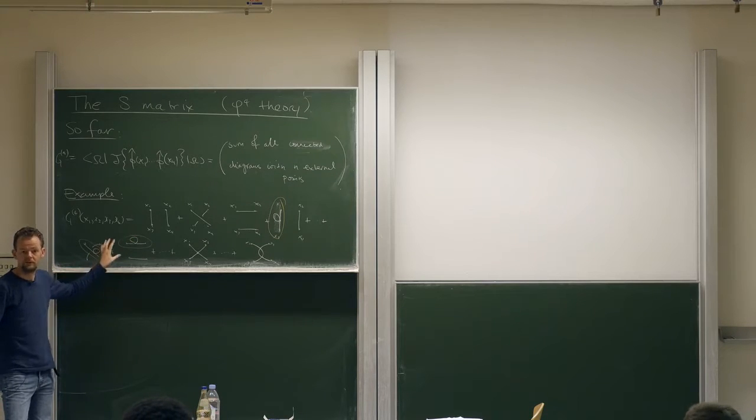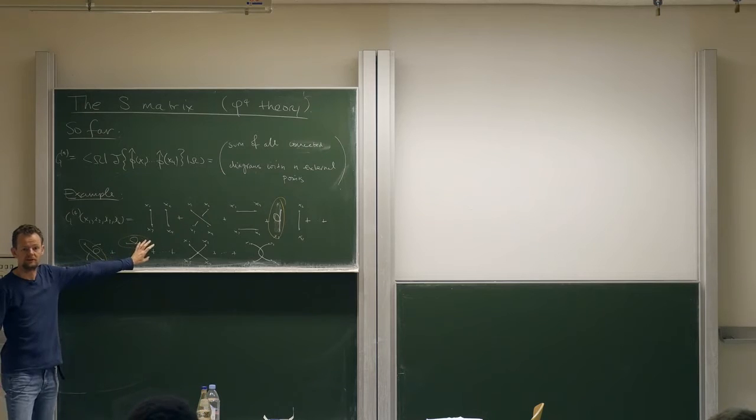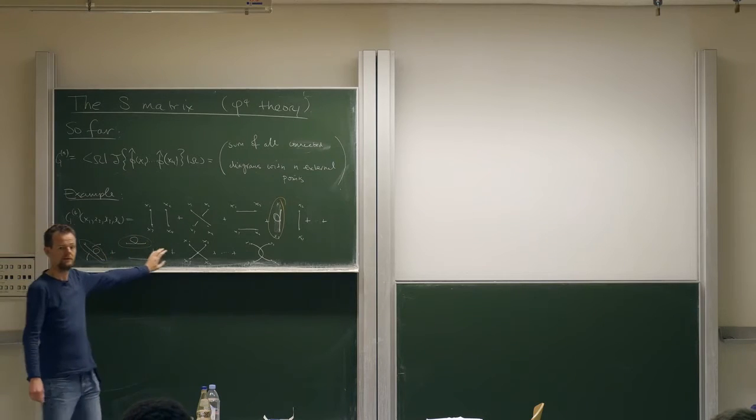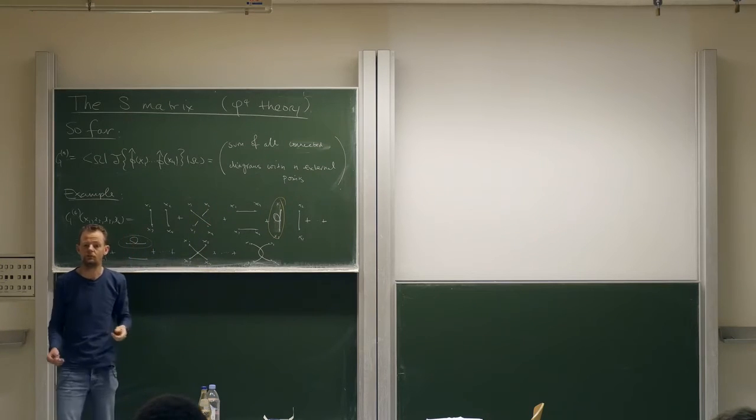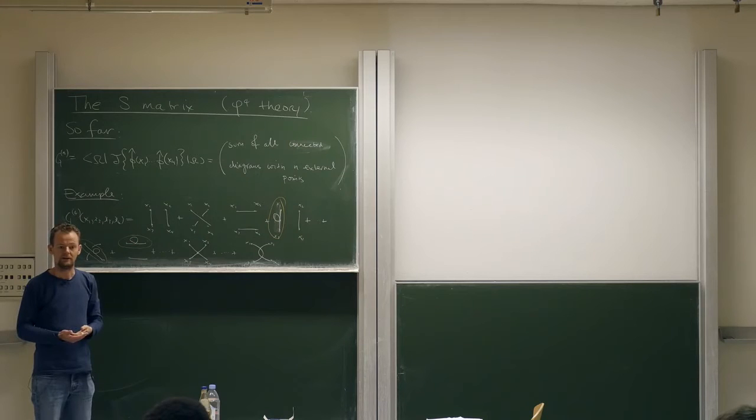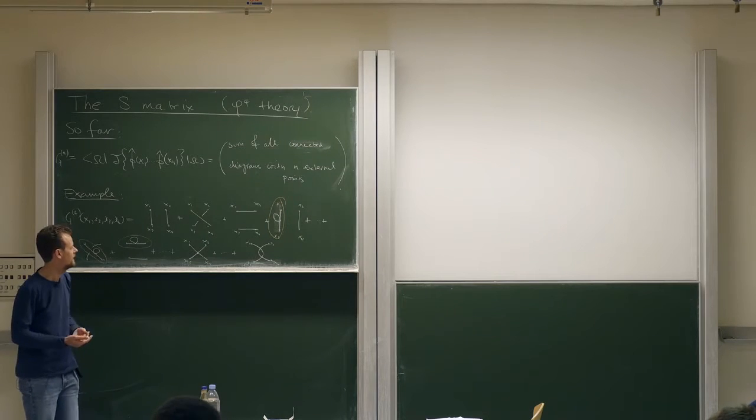So many of these divergent diagrams will be gone by the end of the next 2 lectures, which is a good thing, right? It gives us hope that this tool on the right-hand side is useful for actually calculating predictions to physical quantities.